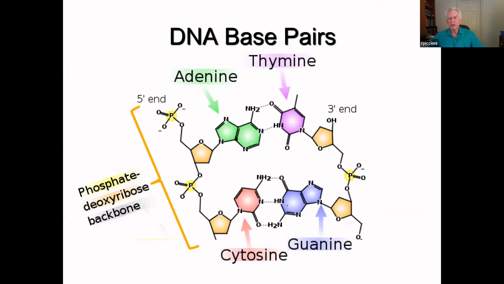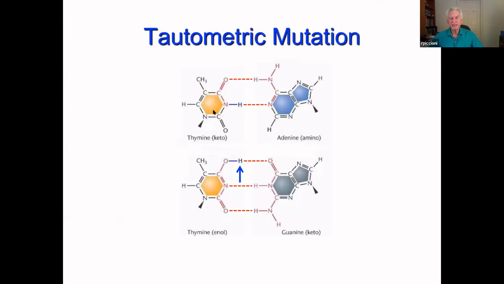I don't know about all the rest of them, but these four have a particularly interesting property, and that is they easily mutate. If you take a T, which has a hydrogen atom connected to this nitrogen, and you move that hydrogen atom one bond unit, which is really the smallest change you could make in a molecule, you have moved a single proton, a single atom away, then you get a different type of thymine, the enol type as opposed to the keto type, and the enol type has 3 bonds instead of 2.